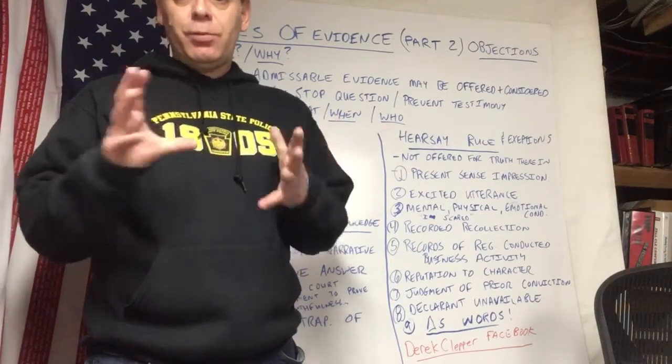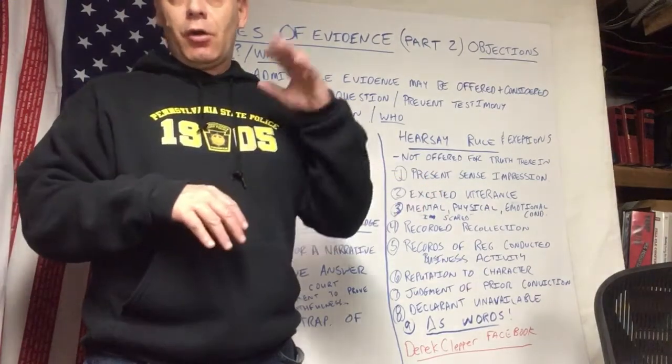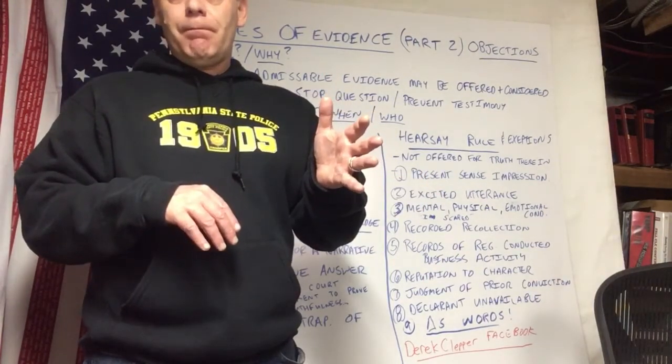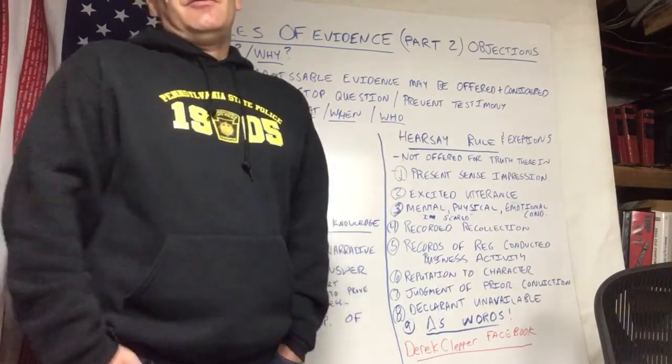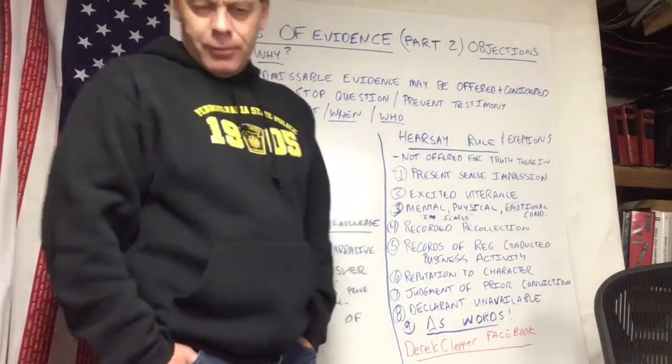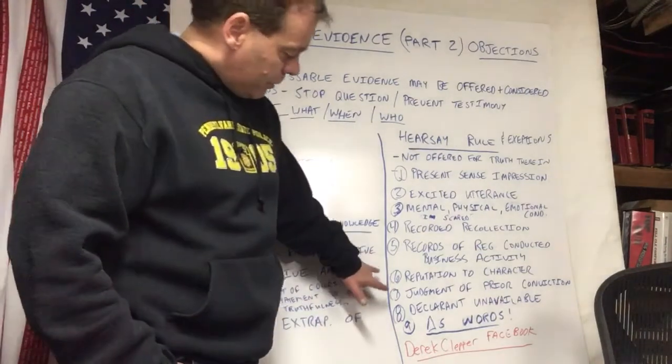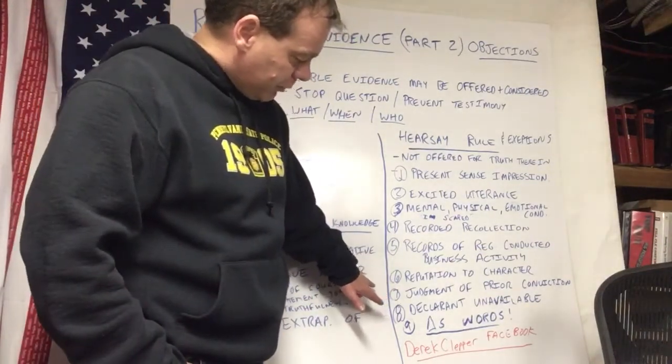Those two specific examples, a crime of a certain type or grading, or another type would be if it involves dishonesty. So that would be a judgment of a prior conviction.